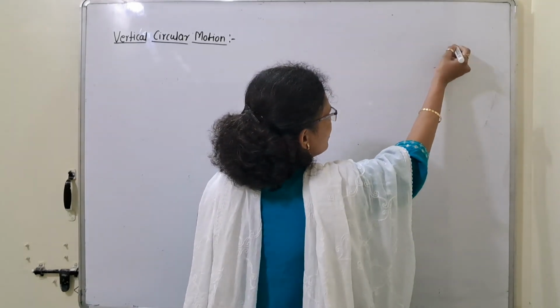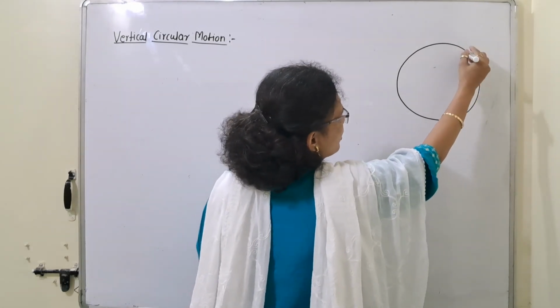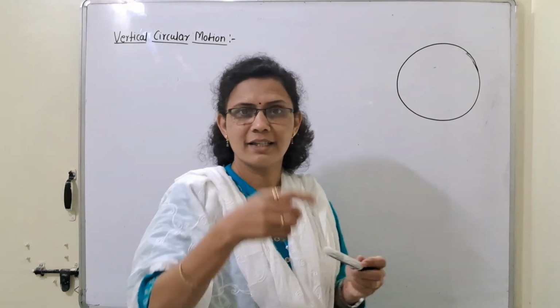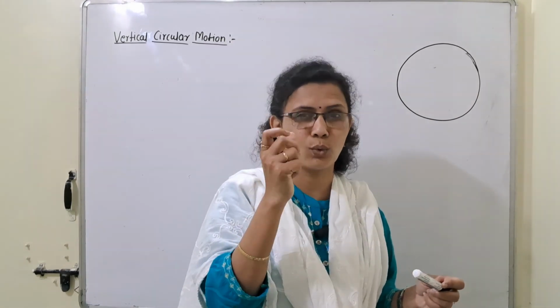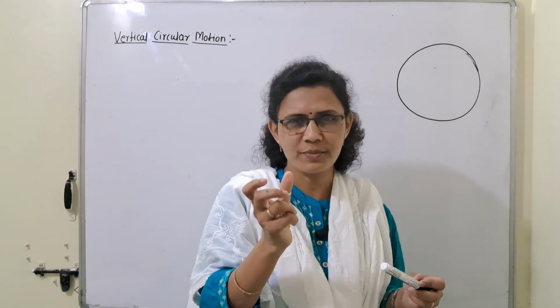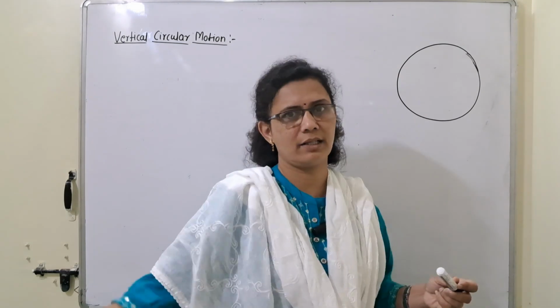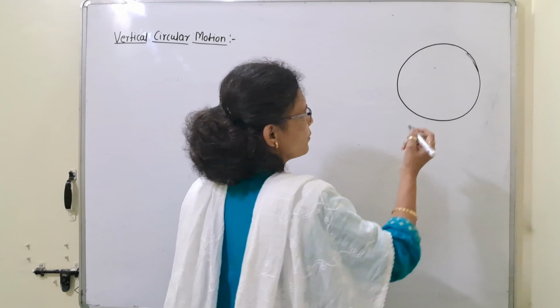For this, we have to consider one body making vertical circular motion. You know what vertical circular motion is, correct? This is the vertical circular motion. If I tie one stone in a string, or one object of mass m in a string, and revolve it like this, this will be vertical circular motion. So here we have to consider 3 different positions.